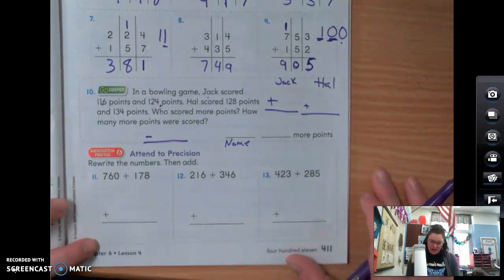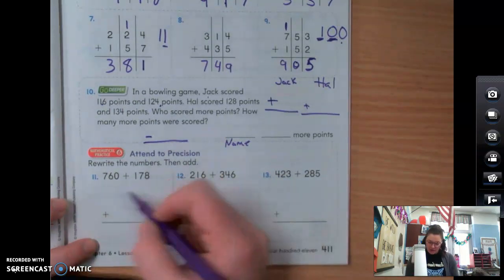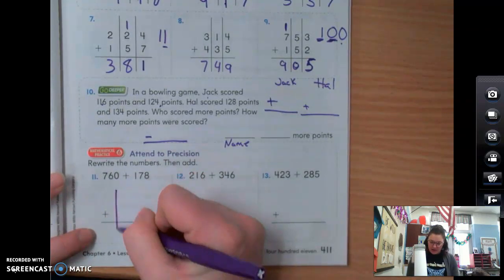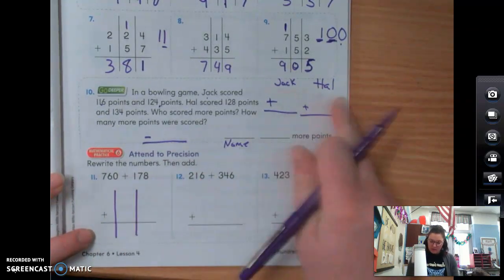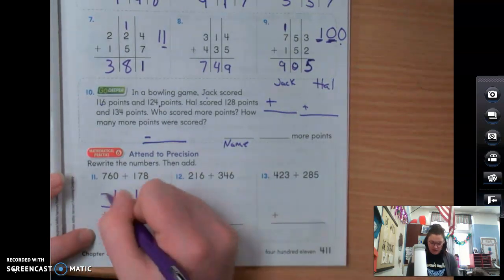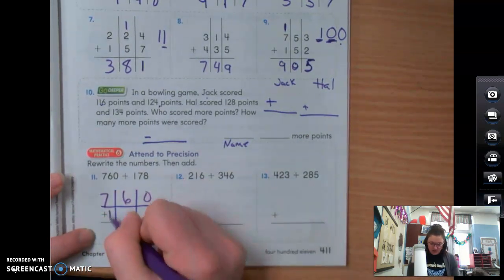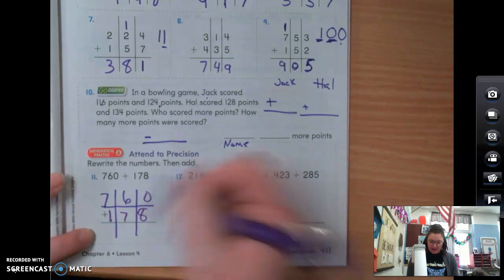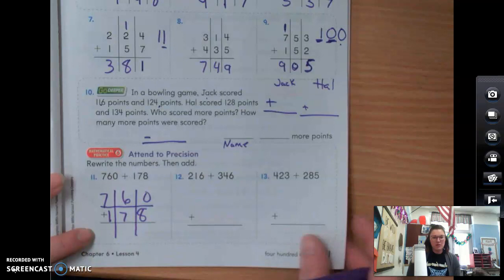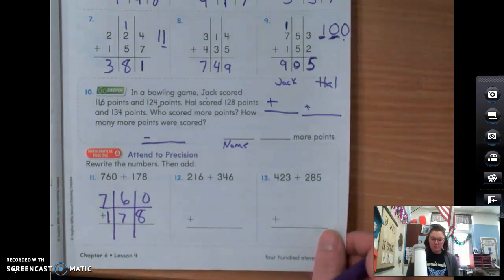Okay? And then down here, if you want to rewrite these, it's really good to always practice rewriting, because when you do word problems, you have to be able to write it. So if you want to split your problems like this, you can write 760 here, 178 here, and add those up, that will be helpful, and that's just more practice that you should be doing today on your own.